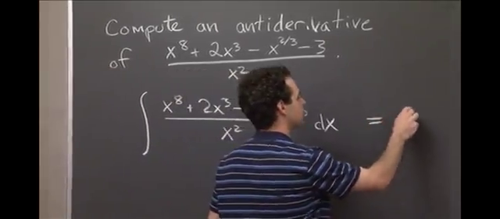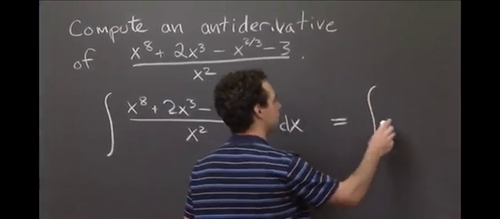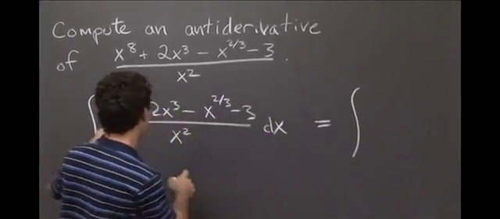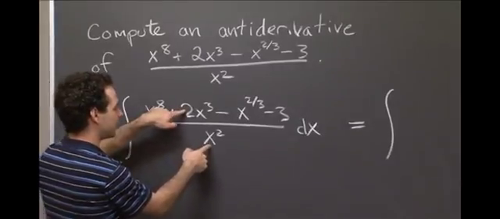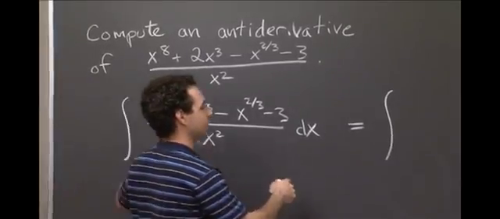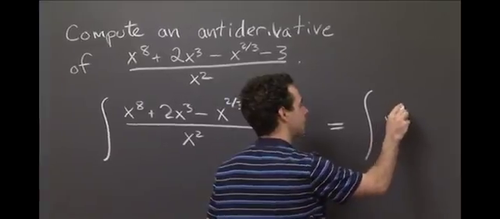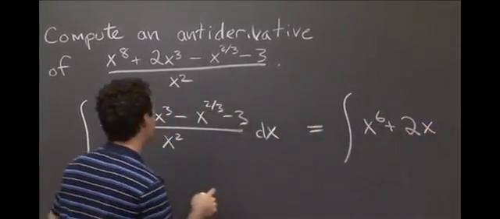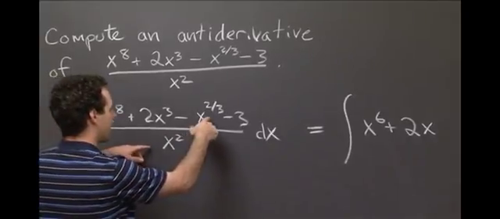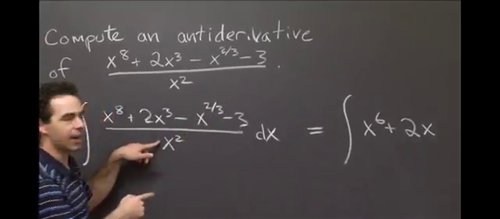If I do that, this is just equal to the antiderivative of, well, x to the 8th over x squared. That's x to the 6th. And 2x cubed over x squared is just 2x. Now, x to the 2/3 over x squared.